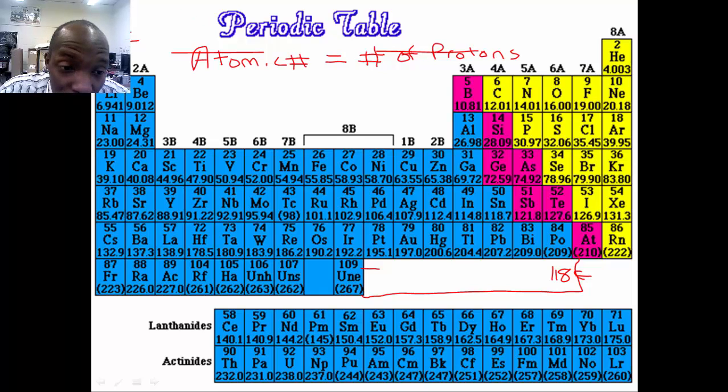Essentially, when you change this number, from 1 proton to 2 protons, you have helium. If you go from 2 protons to 3 protons, you have lithium. From 3 protons to 4 protons, you have beryllium, and it goes all the way to 118. So if you change the atomic number, which is the number of protons, you change the element. That's why this number never changes.